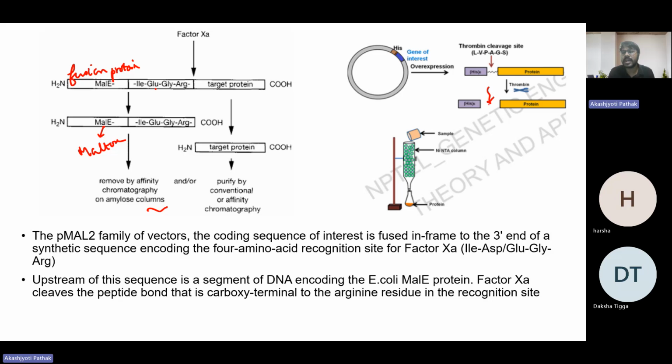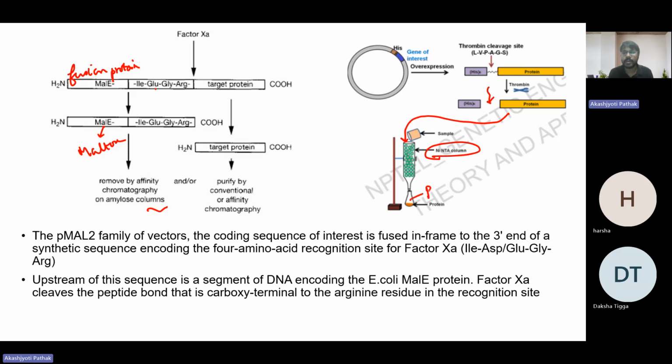Now the 6 histidine tag will be cut from your protein of interest. When you load this protein in the column, because this is a nickel NTA column, it will bind to your cleaved histidine tag, and your protein will get eluted. Because your protein does not have this histidine tag, as you have cleaved it with thrombin, you will get your protein in the flow through.